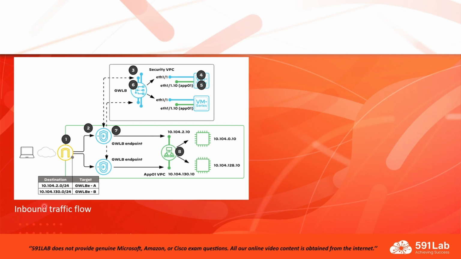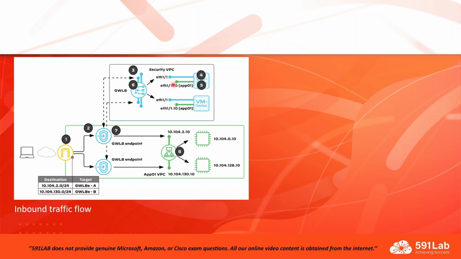Here is the inbound architecture. The traffic will come from the internet and it will hit the internet gateway of AWS. Then the traffic is forwarded to the Gateway Load Balancer endpoint, and then forwarded to the GWLB, and it will forward to the VM-Series firewalls.